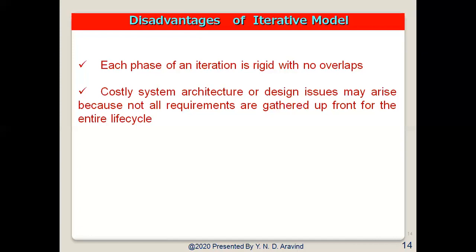Then where exactly can we use this iterative model? We can use it for small to medium scale and short duration projects. Projects which are very small or whose size is medium, we can go for the iterative model. And for projects which are going to run for a short duration, we can go for the iterative model.